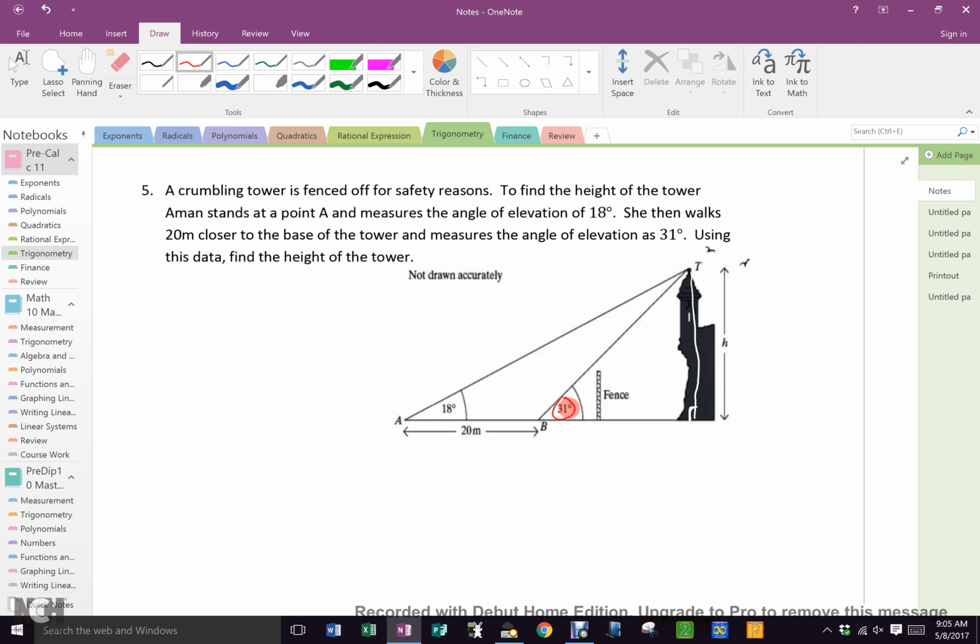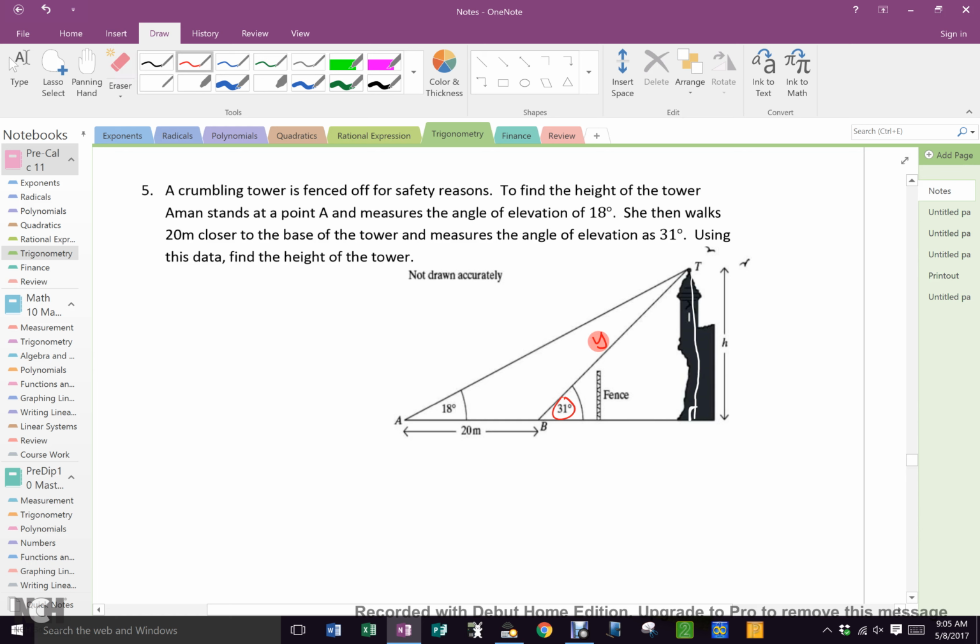I need one more side, don't I, Kelvin? So if I had this side of x or this side of y, I could do this, yes? I'm never going to find x, am I? No, because I have no information for this triangle. So I got to concentrate on y. How can I find y?